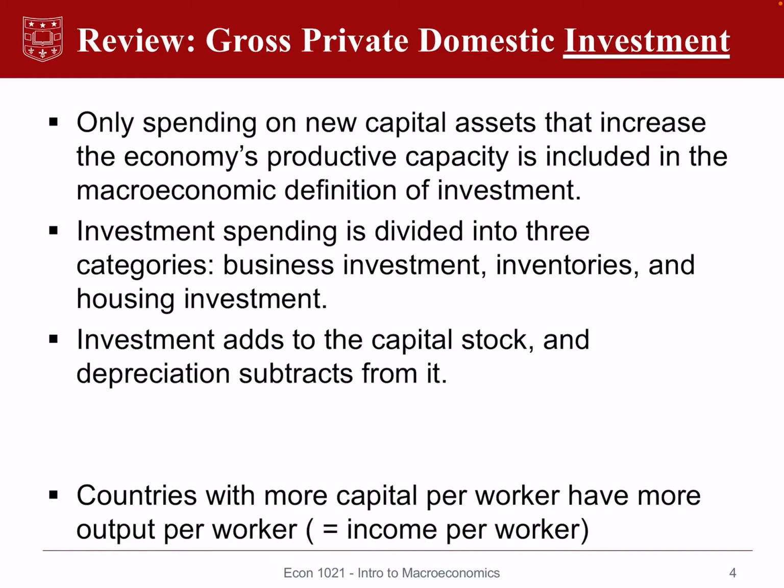What I want to do is remind ourselves of what we mean by gross private domestic investment. So notationally, and what we're going to be doing later, we're going to use capital I here to denote gross private domestic investment. And again, investment is probably, of all of the spending categories in gross domestic product, the trickiest one for us to keep straight.